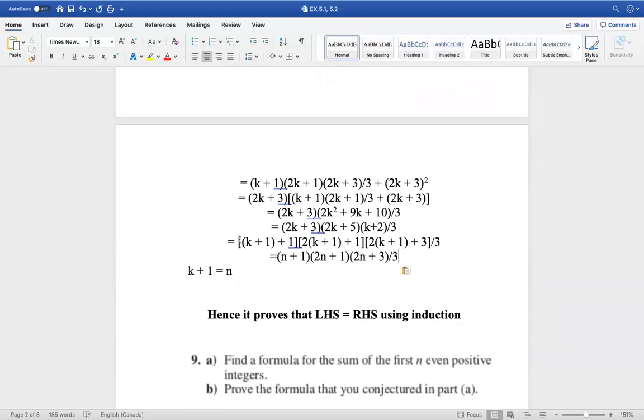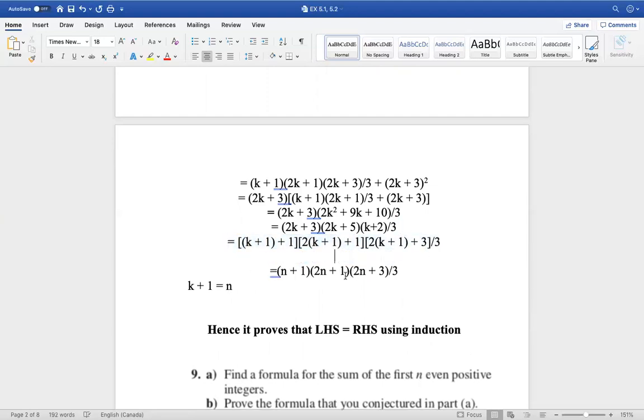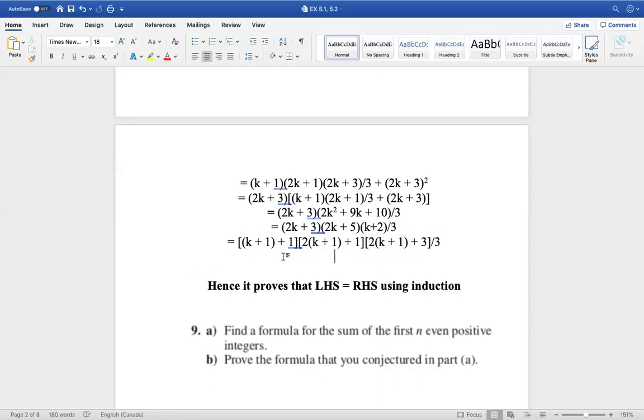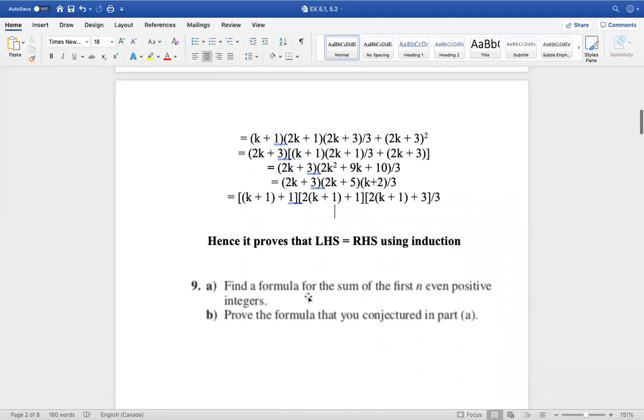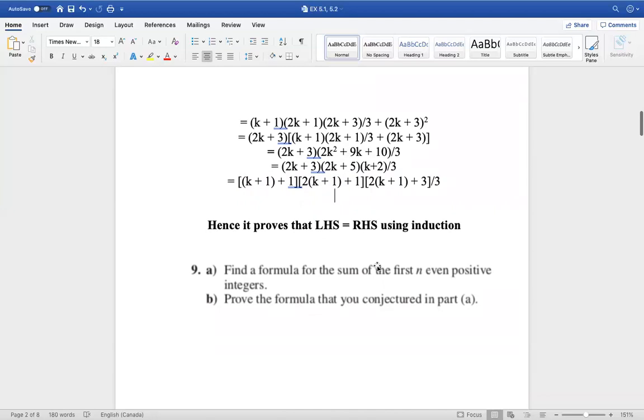So we reach this one based on the inductive step, and this is our original question. So if we see this n here, we just replace it with k plus 1. And this n, we replace it with k plus 1. This n, we replace it with k plus 1. It's just a matter of equating the equation, and you will eventually reach the solution. That's it.